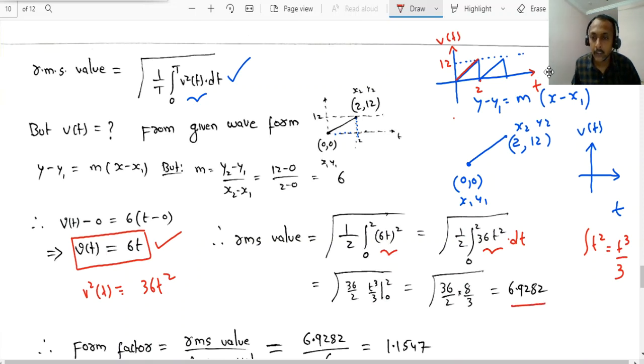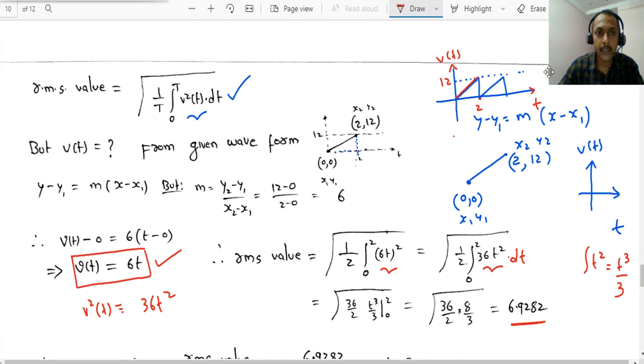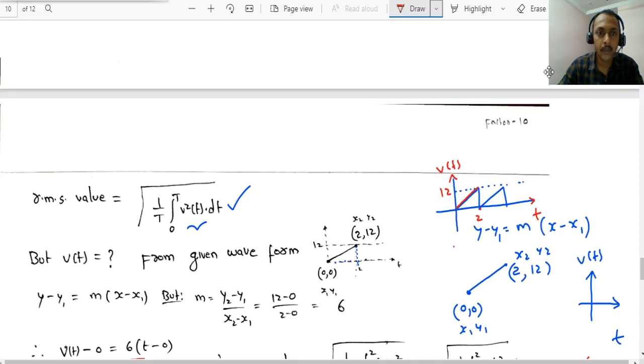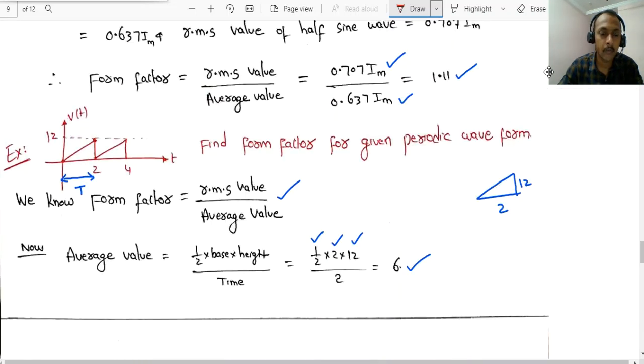So you will get 6.9282. 6.9282 is the RMS value for the given waveform. In the entire process, you will feel difficulty. Most of the students, looking at the waveform, face difficulty in how to write it in mathematical form.